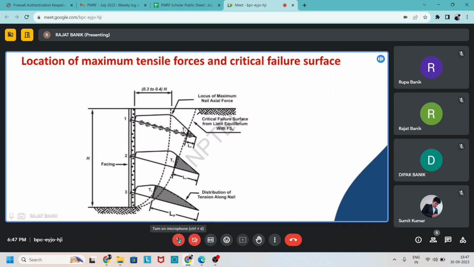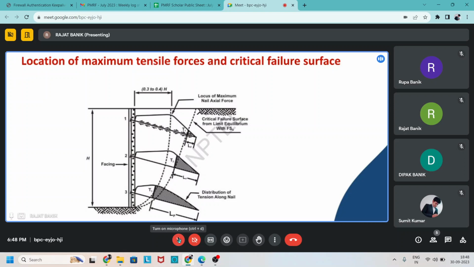and we see that LP is nothing but the length of the soil nail in the resisting zone. This is called LP, and if you see some dashed line in the graph, the load deformation is dashed.